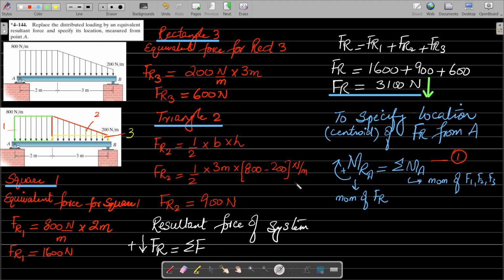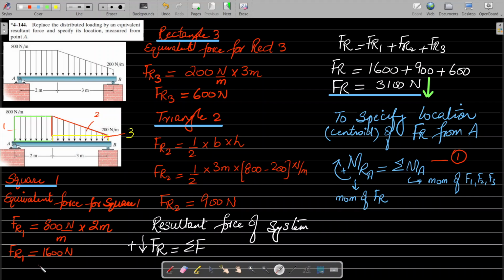So the resultant force of this triangle is 900 Newton, because 600 multiplied by 3 is 1800, and divided by 2 gives 900 Newton. This is how we have calculated Fr2, Fr3, and Fr1.